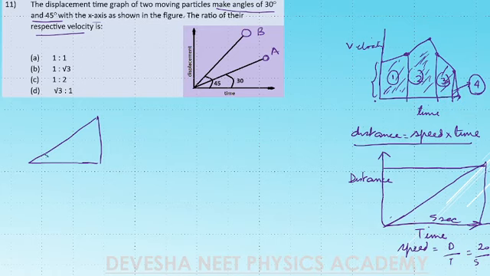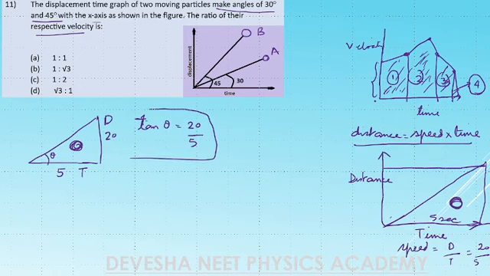Imagine there is a triangle here and this is theta, with 20 on one side and 5 on the other. Tan theta is also equal to 20 by 5. If you compare this graph with that one, don't they look alike? So tan theta also gives us the velocity, if this is the distance and this is the time.